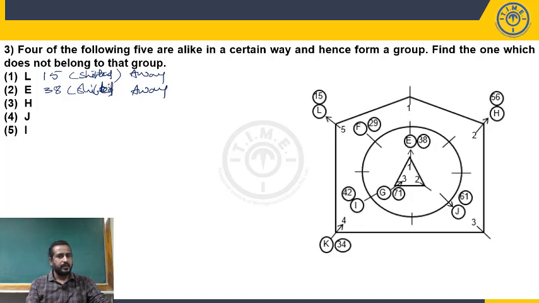H is also shifted, having 56, and facing away from the center. Okay, J. J remains in the same position but changes direction. 61 remains in the same position but faces away from the center.